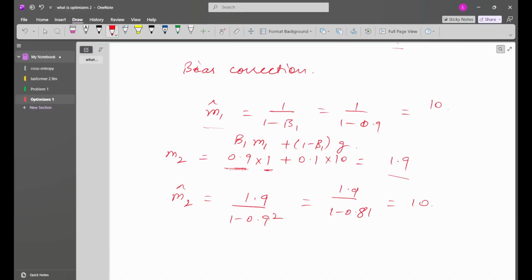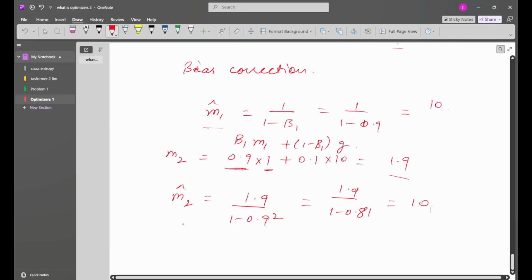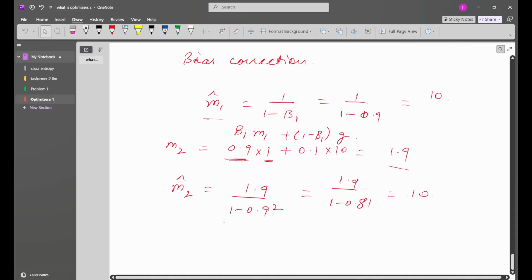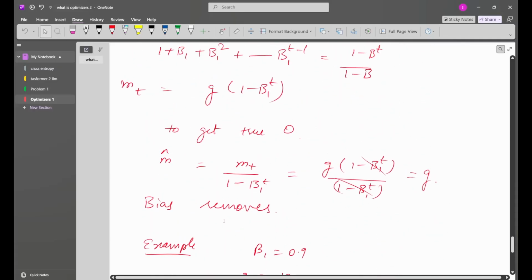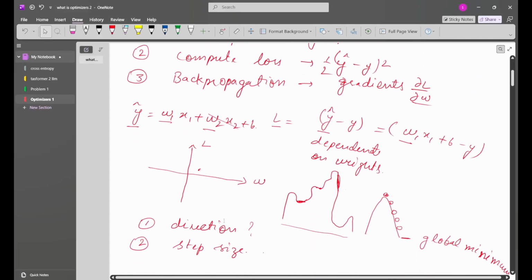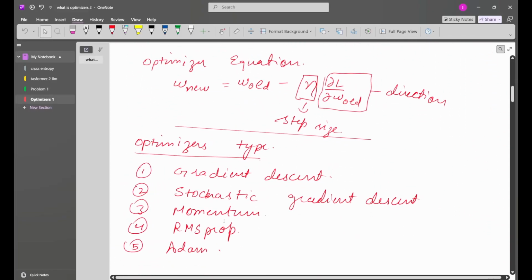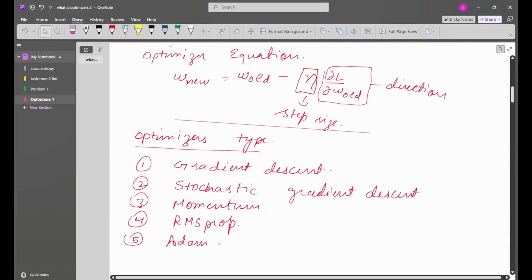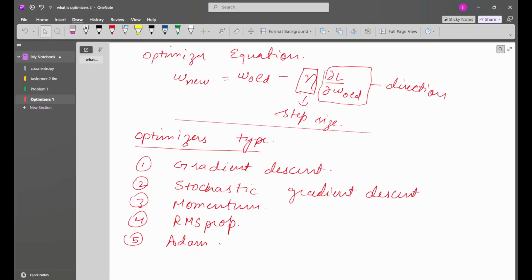So, yes, guys, that is all about the optimizers. I hope you understand the whole concept of the optimizers. In summary, optimizers are used to update weights because there is no mechanism in neural networks itself to update weights.